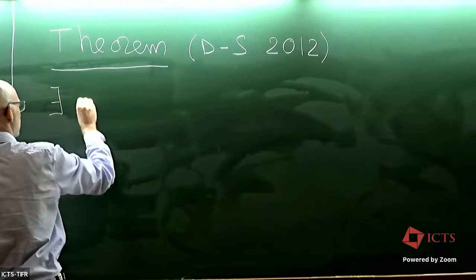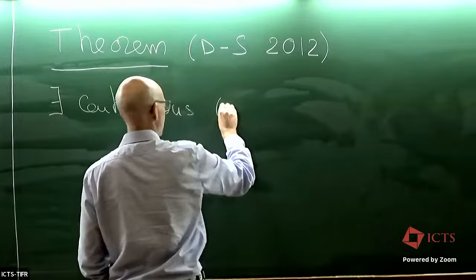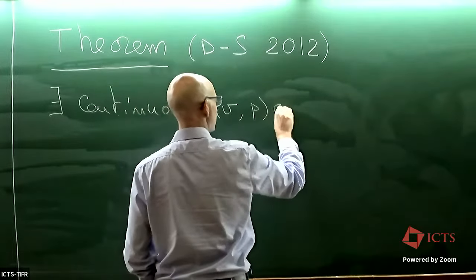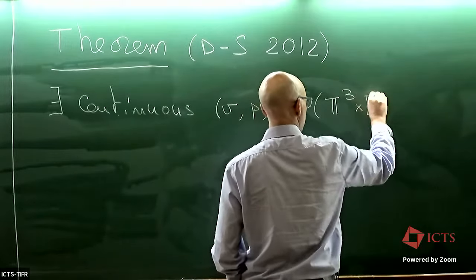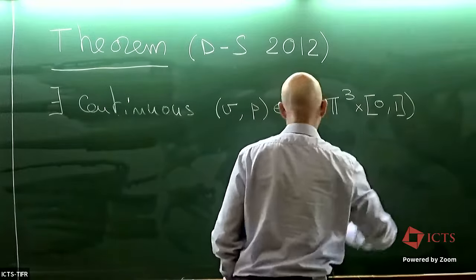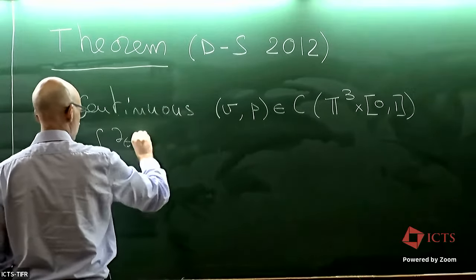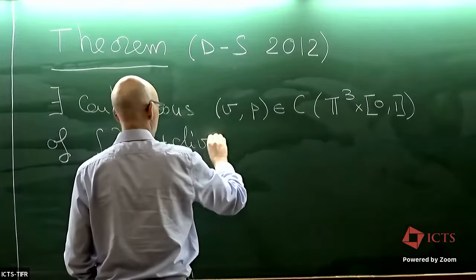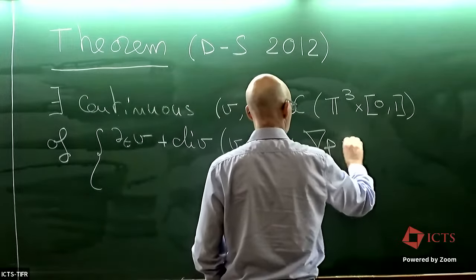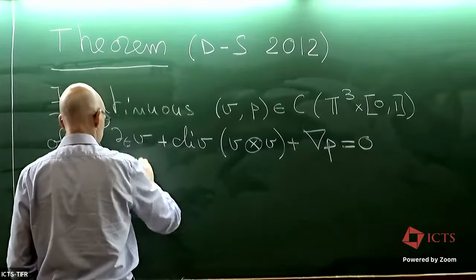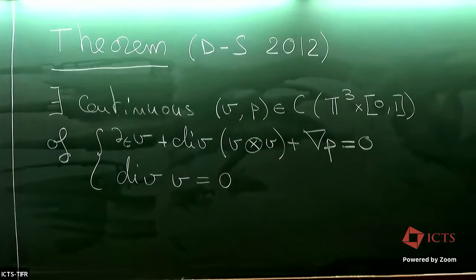So there exist continuous solutions v, p on the periodic three-dimensional torus times [0,1] of the Euler equations for which the total kinetic energy is not constant.